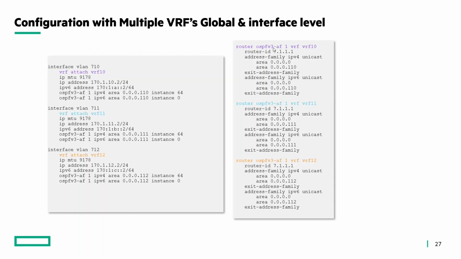And to the right is the global level context, where you can see that router OSPFv3 AF1 process attached to VRF10 has IPv4 and IPv6 unicast families along with the router ID and the areas allocated to them. So is the case for VRF11 and VRF12 as well. So this is just a sample configuration on how OSPFv3 address families are configured in case of multiple VRFs.